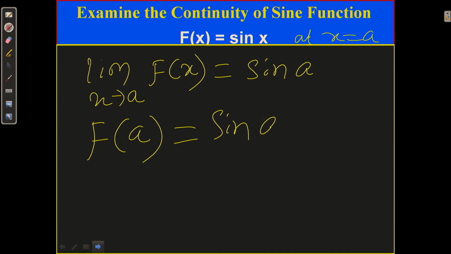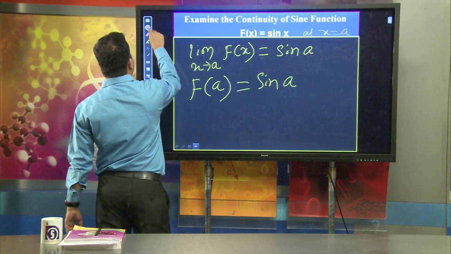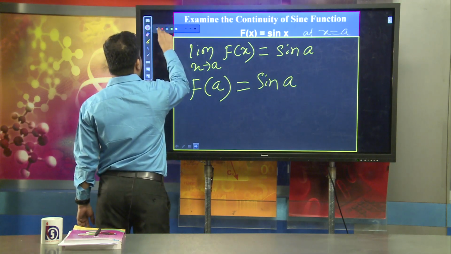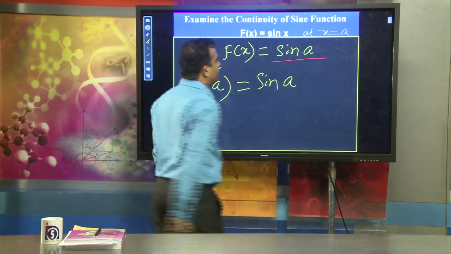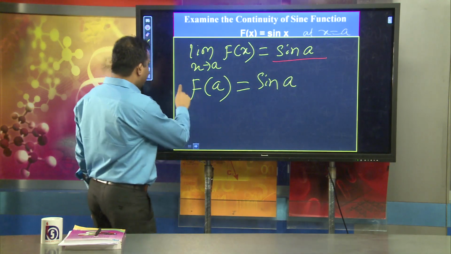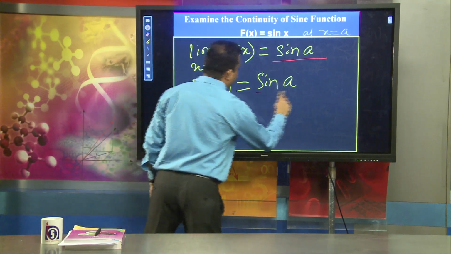So the limiting value is sin a, and the functional value f(a) equals sin a.